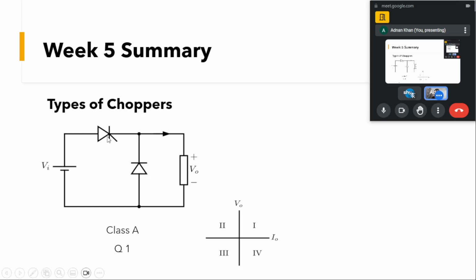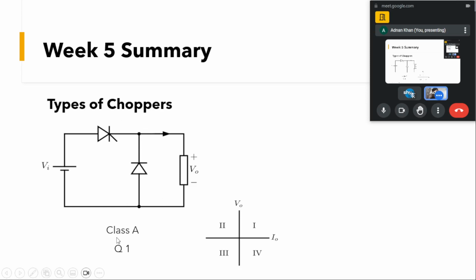Here we have a control device and a diode, and at the output we have a load, which can be an RLE load, where we have R as well as L and E. When this switch is turned on, we get the V in voltage at the output, and when this switch is turned off, we get zero voltage at the output. If our load is an RLE type load, since the current cannot be interrupted through the inductive load, that current will freewheel through this freewheeling diode.